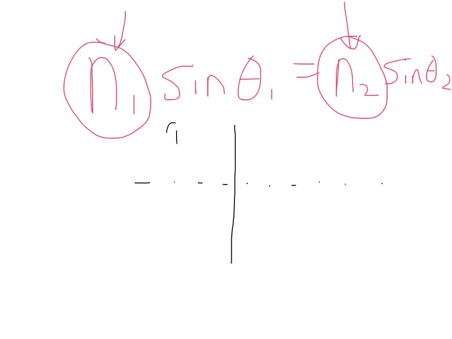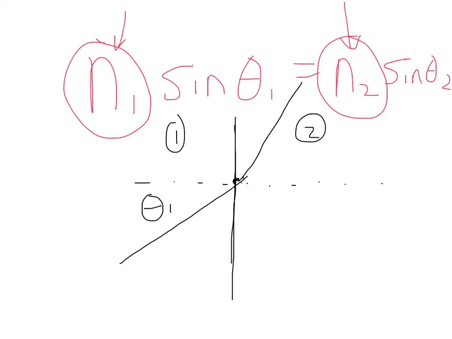If this is medium 1 here, and this is medium 2 here, the solid line is the boundary between them, and this dotted line is the perpendicular to that boundary. If the light is hitting medium 1 at this angle here, theta 1 is defined to be this angle. And if the light bends like that, theta 2 is defined to be this angle here.